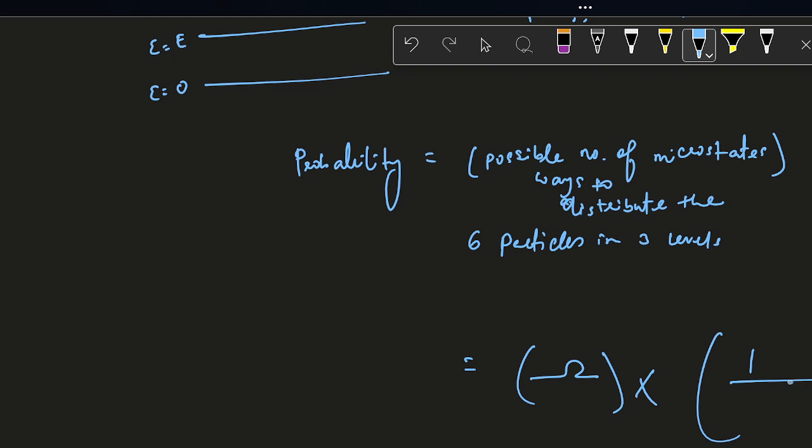Because there are 3 levels, each level has equal probability to the other, so 1/3 is the probability for each level.